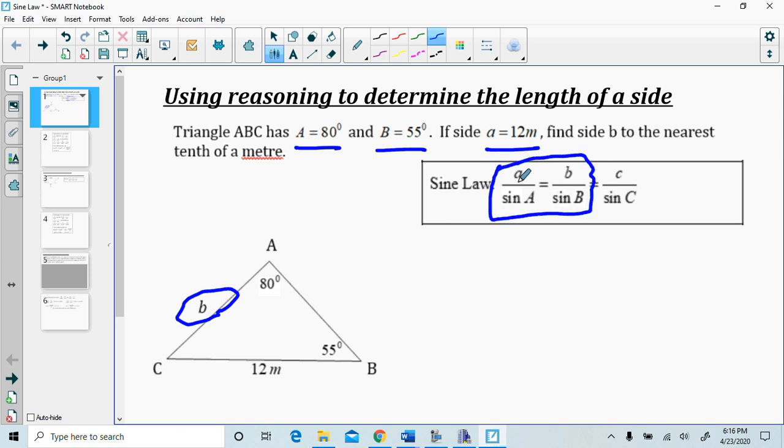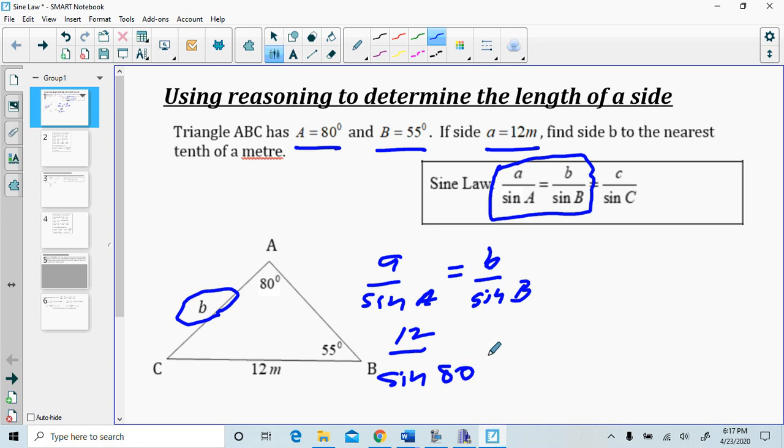So we're going to focus on this part right here. Okay, so we're going to go A over sine A equals B over sine B. Then from there, we're going to sub what we know. A is 12 over sine A, which is 80 degrees.